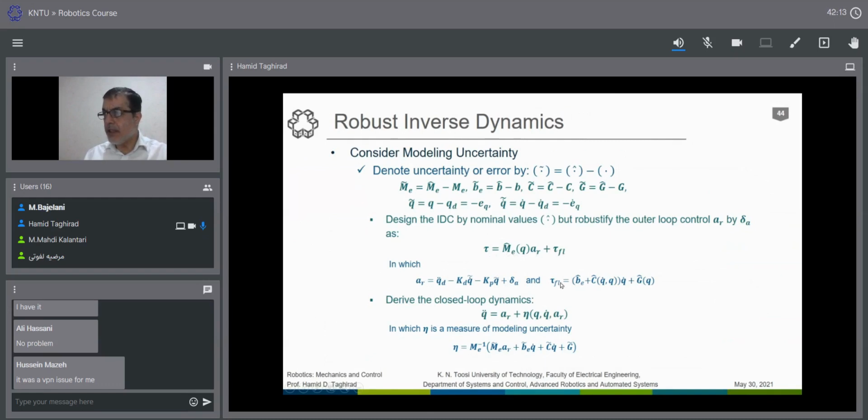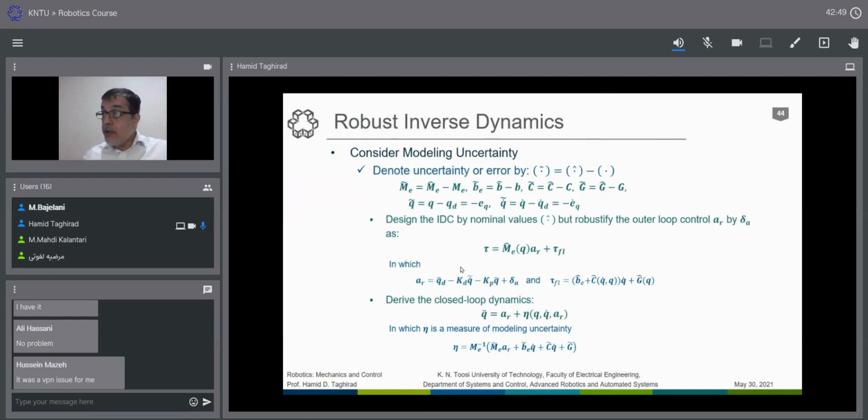You have the feedback linearization, everything on the hat variables, with the same three terms here, plus another term, which we call delta A. The delta A is added to the outer loop controller to robustify the system, to make the system robust against unstructured uncertainty, that is, against the unmodeled dynamics.